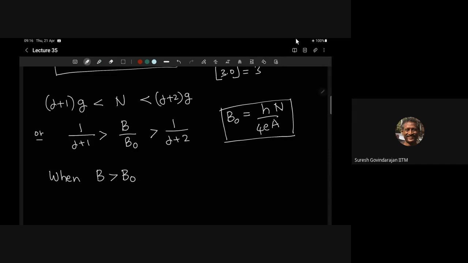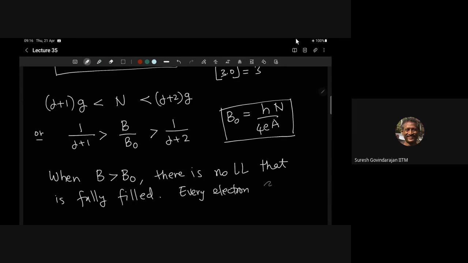If you look, there is no Landau level that is fully filled. So every electron fits into the lowest Landau level.